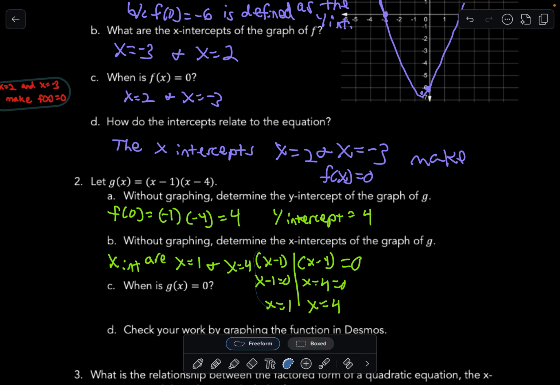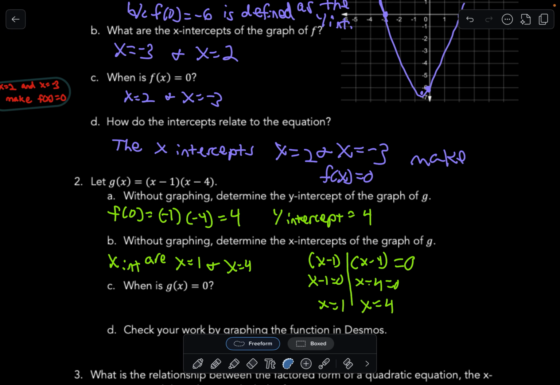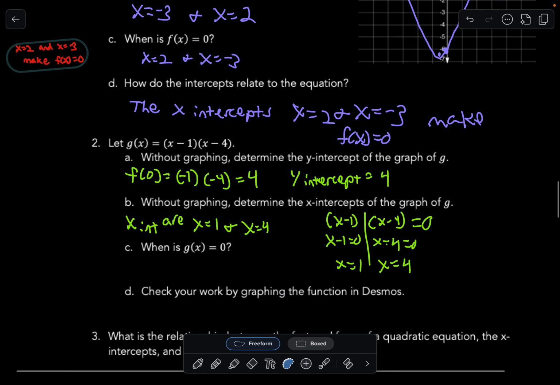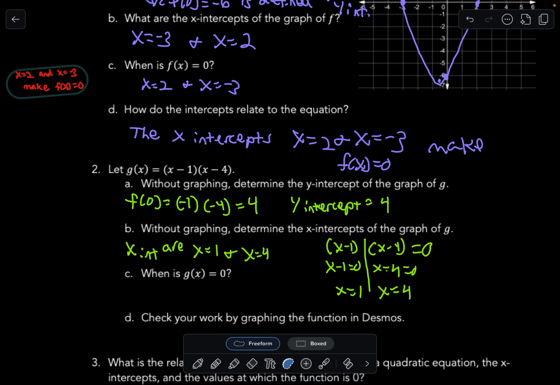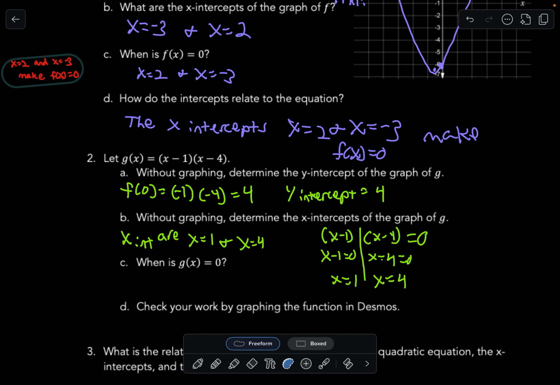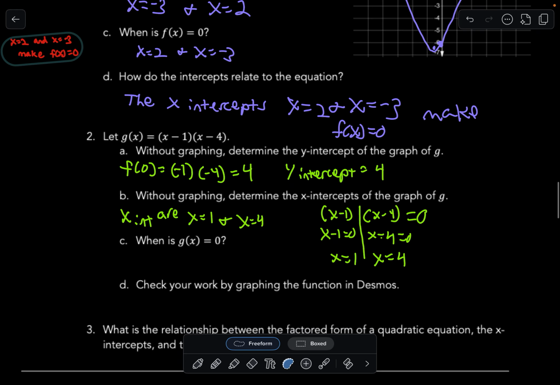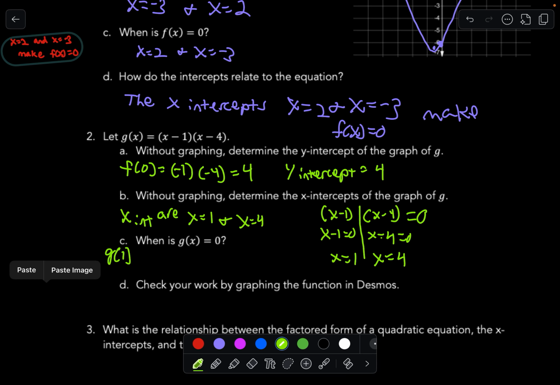When is g of x equal to 0, the function? G of x equals 0 at g of 1, which gives us 0 times negative 3, which is 0, and g of 4, which equals 3 times 0, which equals 0.